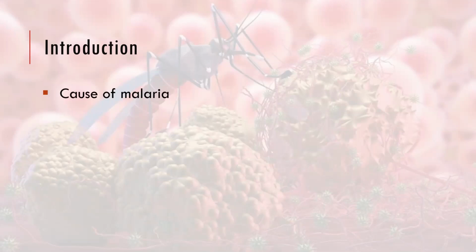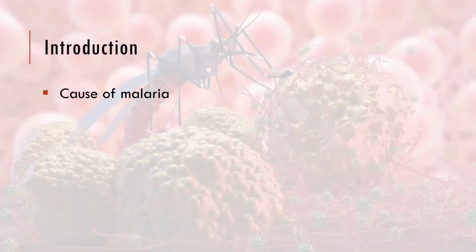Another thing that I want you to remember is that the mosquito is not the one that causes malaria. The mosquito is the one that vectors the infection from an infected individual going to a healthy individual, where the gametocytes of the Plasmodium species will be inoculated into the bloodstream of the patient.